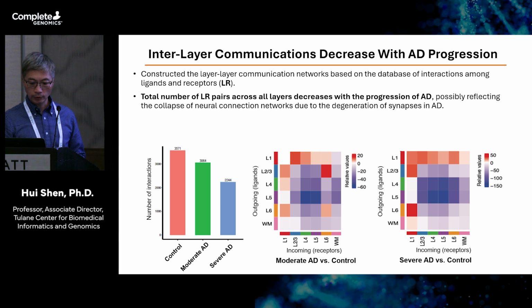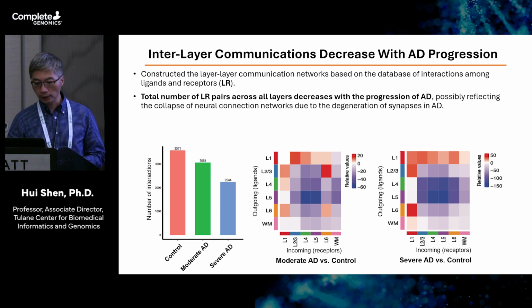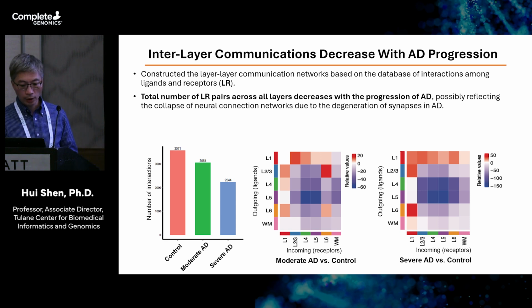The y-axis shows the outgoing signal, basically the ligands, and the x-axis shows the incoming signal, basically the receptors, and the different colors represent an increase, which is red, or a decrease, shown as blue, in the number of interactions we identified between different layers.